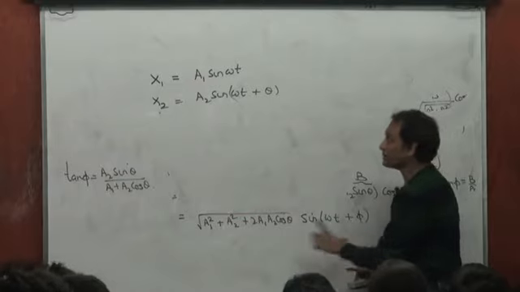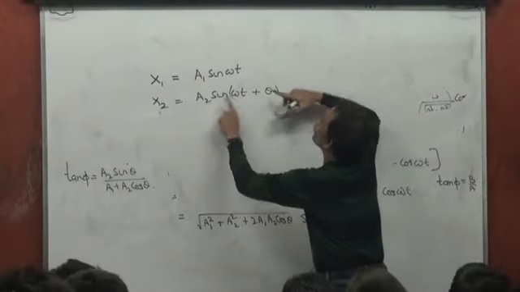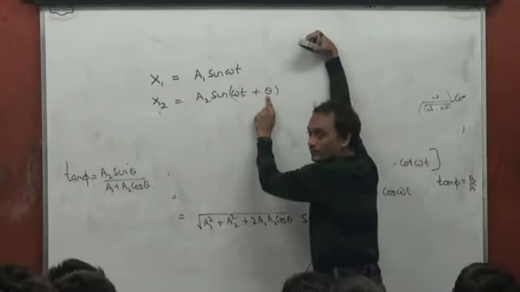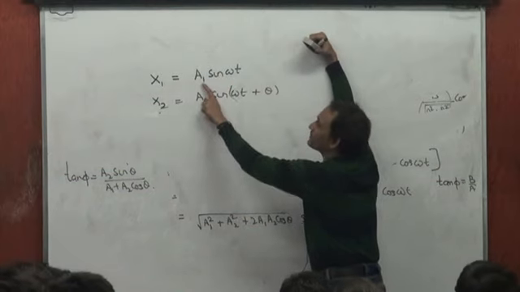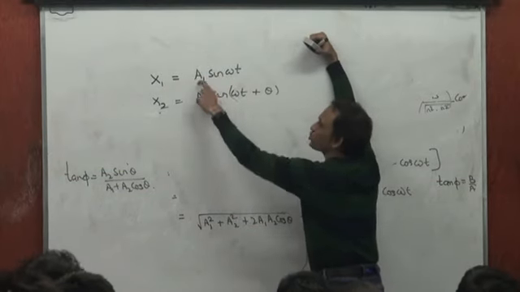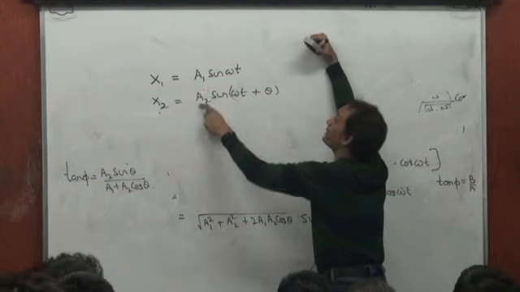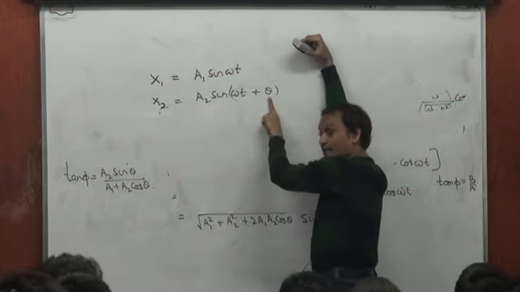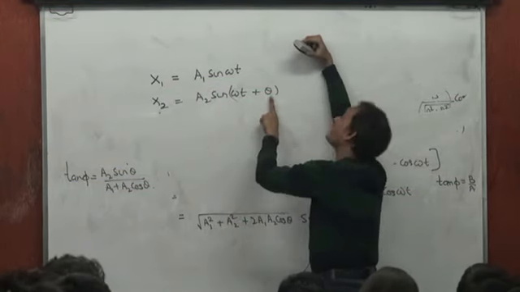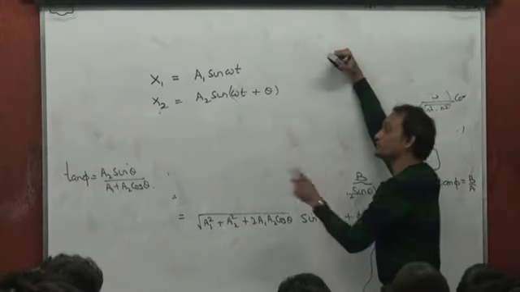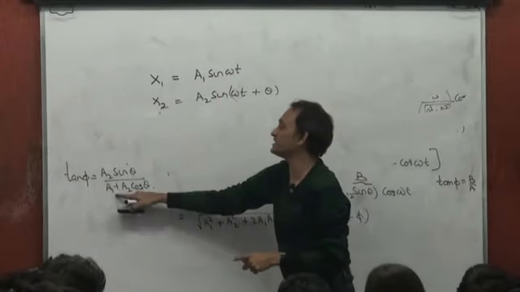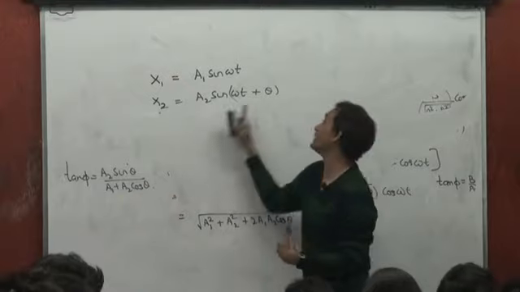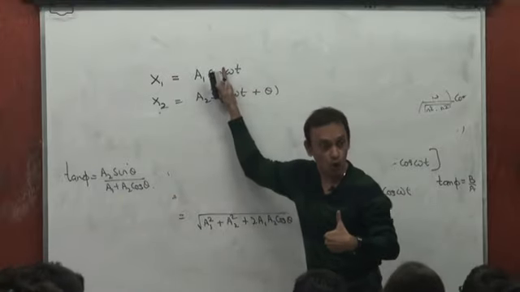The amplitude of the resulting motion of these two, which differ in phase by theta, is going to be root a1 squared plus a2 squared plus 2a1 a2 cos theta. That's the amplitude of the resulting motion, and the phase of the resulting motion, tan phi, would be a2 sin theta by a1 plus a2 cos theta, where theta is the phase difference between these two oscillations, right?